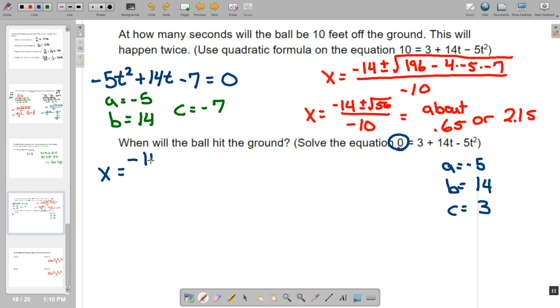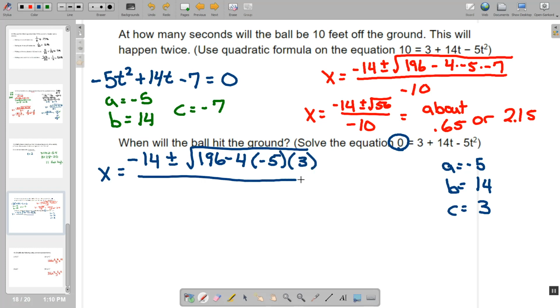X is equal to opposite B plus or minus the square root of B squared, which is 196, minus 4 times A times C, and then it's all over 2A, which is -10. Now, if I do all of this stuff underneath the square root, what I end up getting is -16. Or sorry, +16, because it's 256. Square root of 256 is 16.